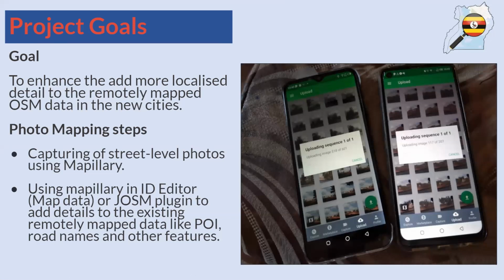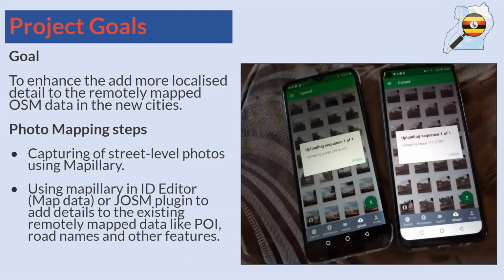And the first step includes capturing street level photos using Mapillary, which is a mobile application that is freely available on the Play Store and as well as the Apple Store. Then also the next phase of the project is using Mapillary plugin in OpenStreetMap ID editor, which is a web-based OpenStreetMap editor, and also on JOSM, which is a standalone OpenStreetMap editor with more advanced features.